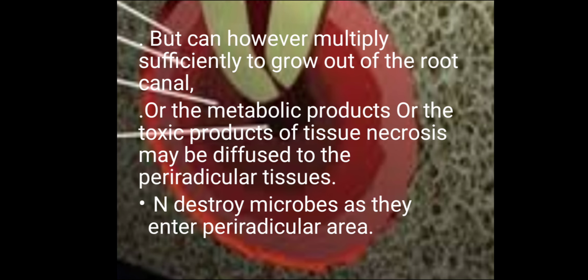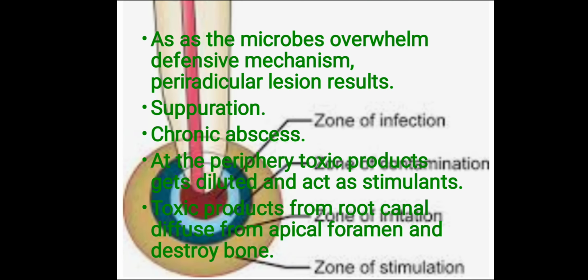However, polymorphs destroy microbes as they enter the periradicular area. As the microbes overwhelm the defense mechanism, periradicular lesions result. We have already discussed suppuration and abscess. At the periphery, toxic products get diluted and act as stimulants.